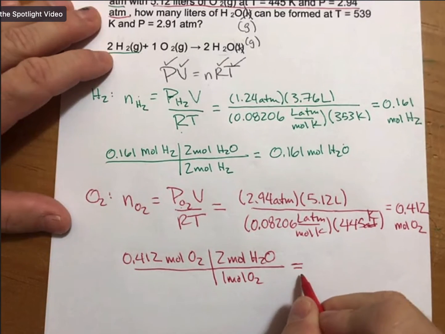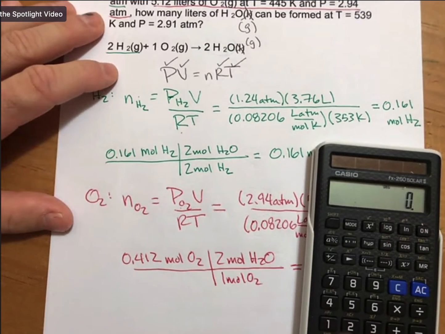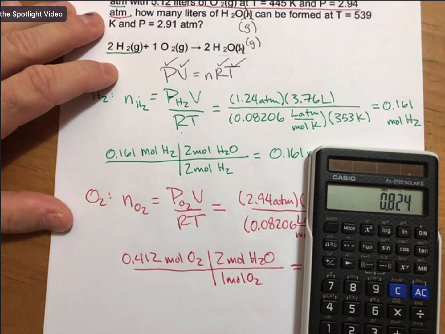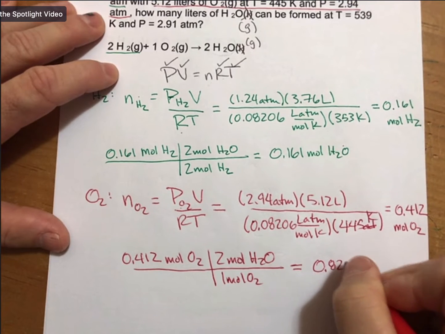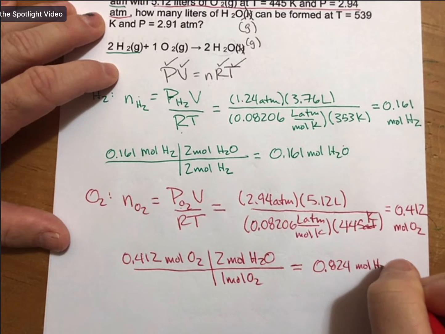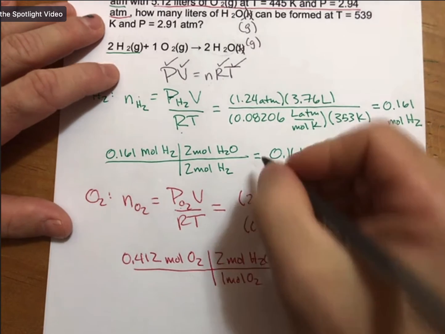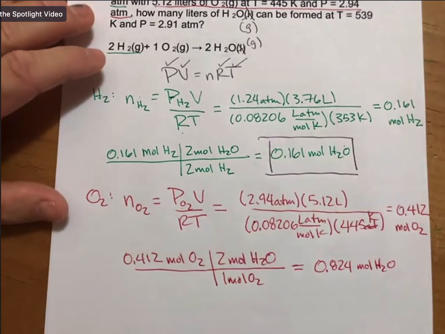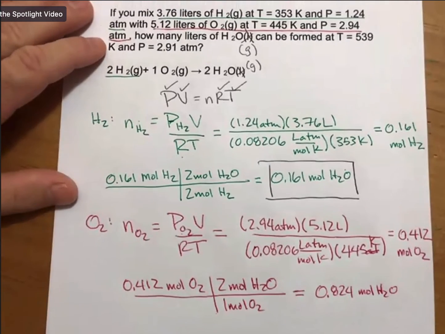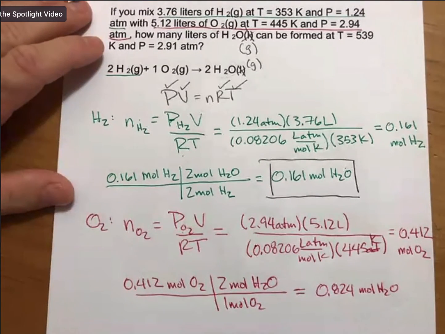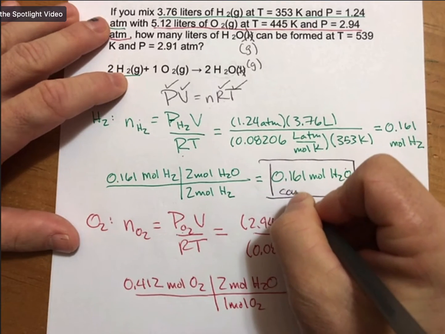And now I double that. 0.824 moles of H2O. Circle back and note that it's always the smaller amount. And I'm not done yet, but at least I've got my moles of H2O that can be produced.